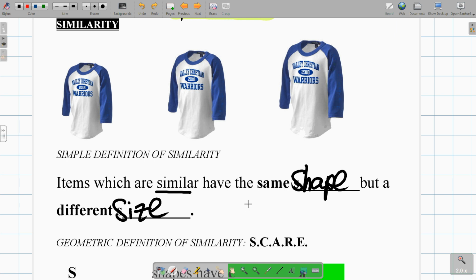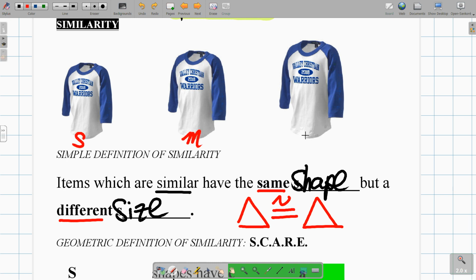So in contrast, if you have two shapes which are exactly the same shape and the same size, we call those congruent. If they're the same shape but a different size, like t-shirts, small, medium, and large, we don't say they're congruent because congruency is same shape and same size.